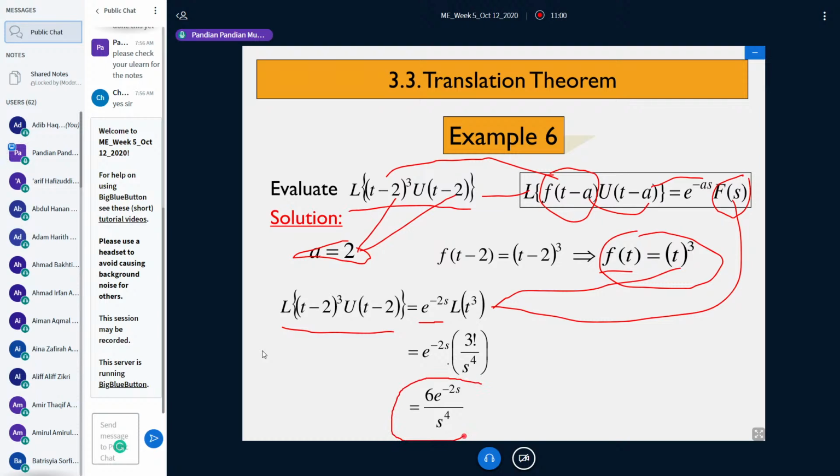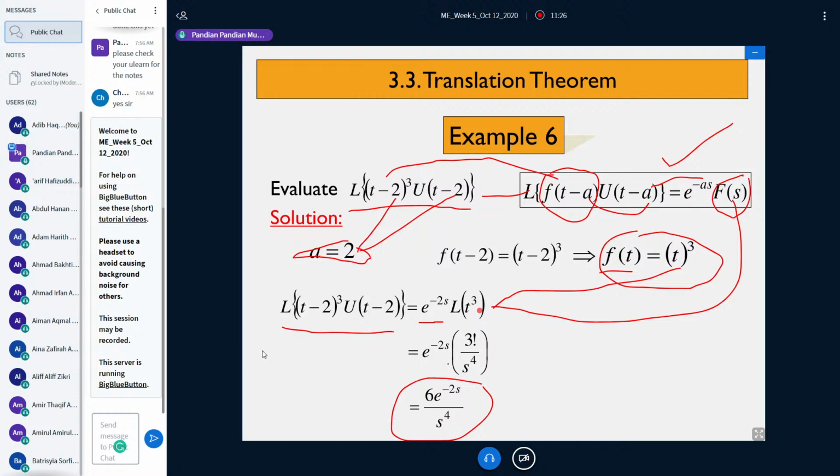This is your answer. Now we are making use of the unit step function formula, and then Laplace of t power n. Laplace of t power n, you must refer to table 3.1, slide number 18.